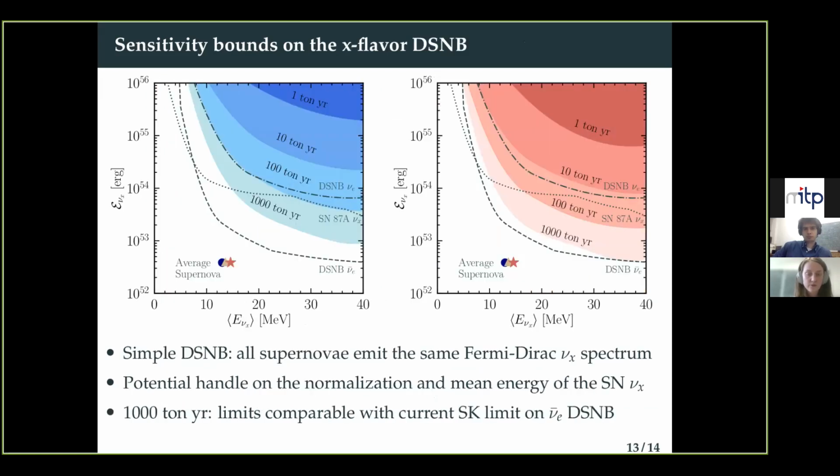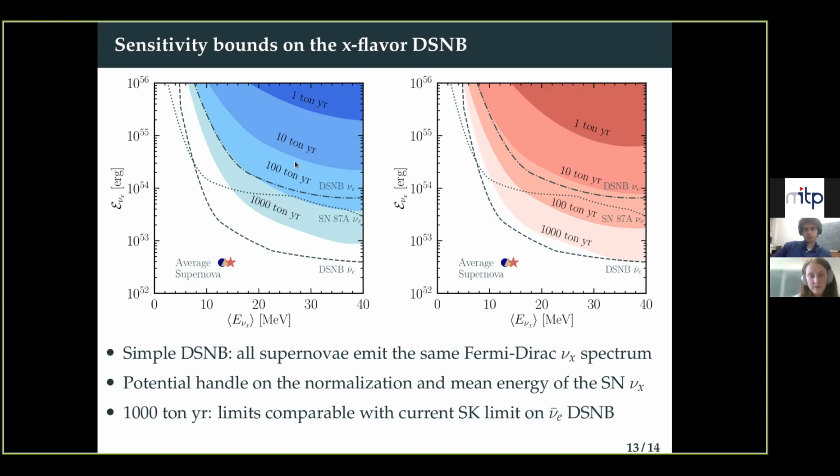We also tried to see how the sensitivity bounds on the X-flavor DSNB change if we not only change the normalization of the DSNB flux, but also change the shape of the spectrum. Here we see how the limits look if we assume that all supernovae emit the same Fermi-Dirac spectrum, which is characterized by the mean energy and the total energy emitted in that flavor.